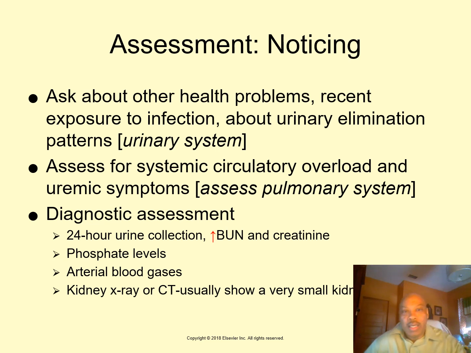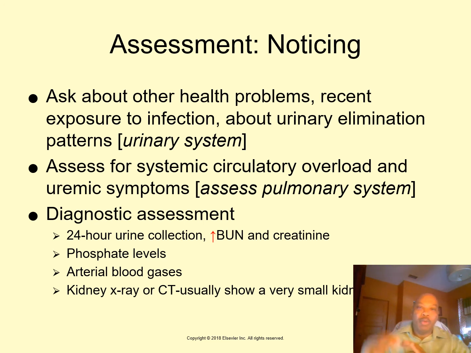There's also disturbance in fluid and electrolytes with acidosis. Again, this is due to hydrogen ion retention and loss of bicarb. So these patients retain the hydrogen ions, which increases the acidity of the blood, and they're losing base, or bicarb.